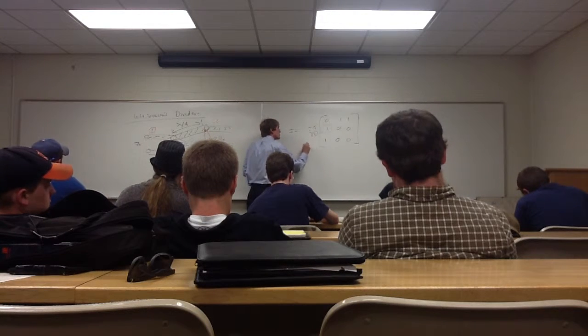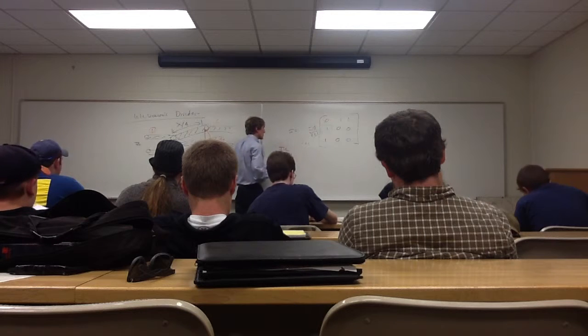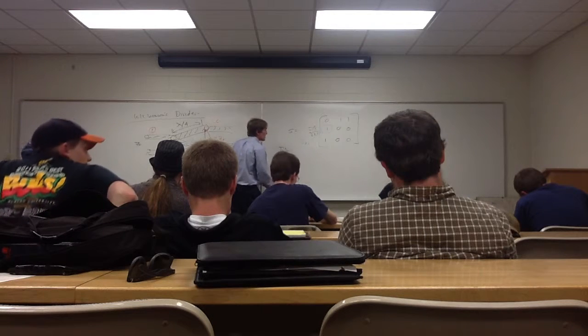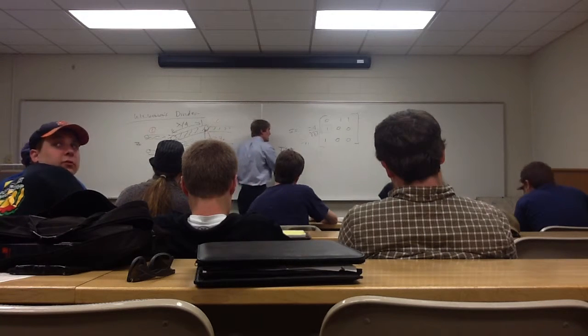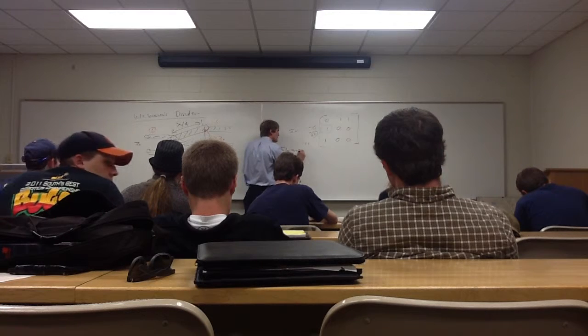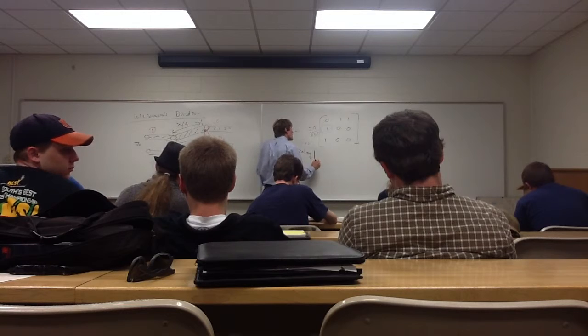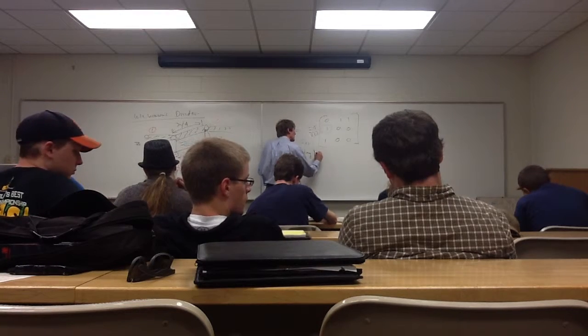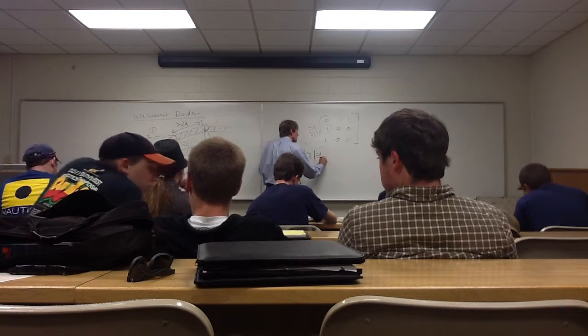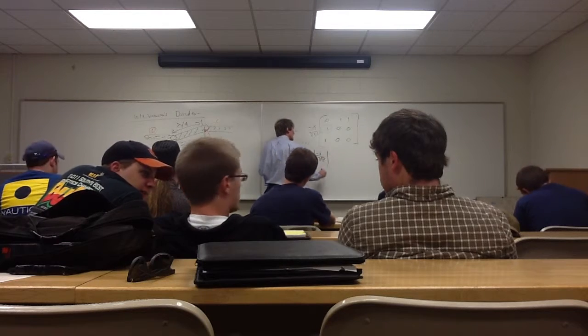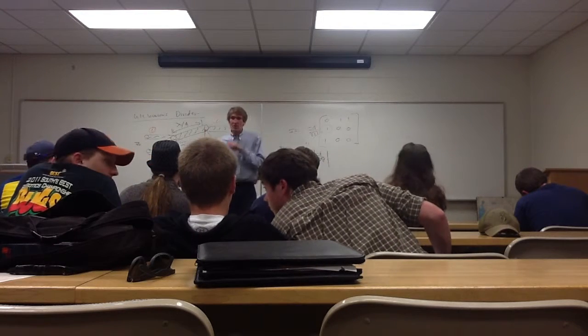That would be S21, which is minus J divided by square root of 2. Here we would have minus 20 times the log of the magnitude. Remember, that's magnitude of minus J over the square root of 2. And I'll tell you what happens.